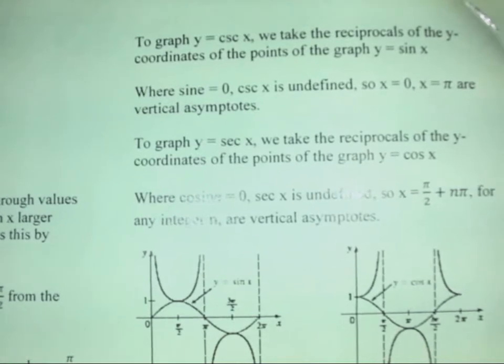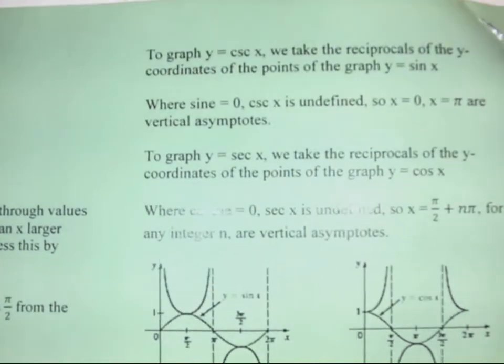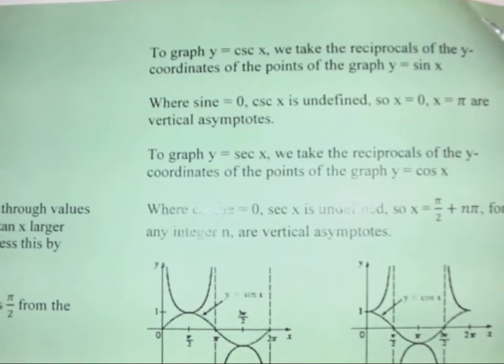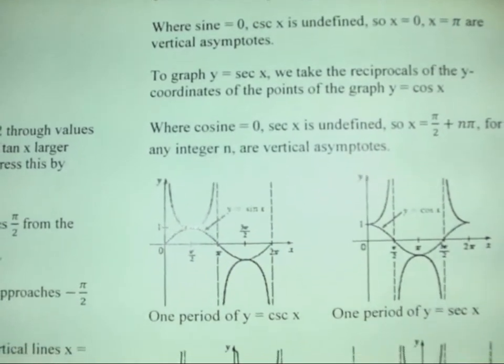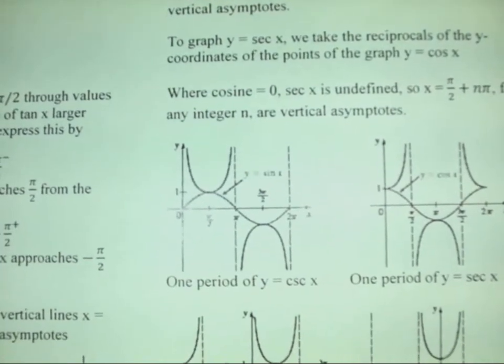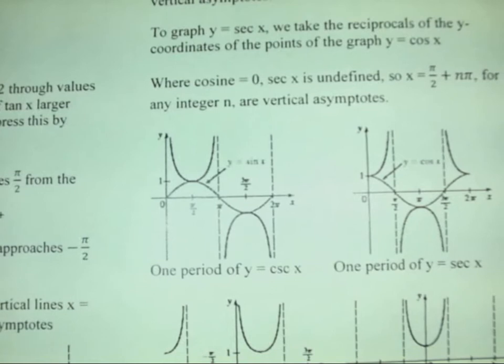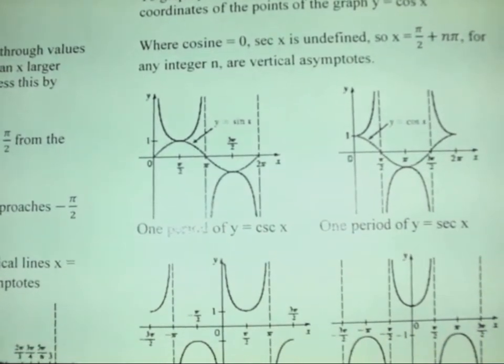And for secant, we're looking at the coordinates of the points where the graph is y equals cosine of x, and we're still flipping those. So where cosine is equal to 0, secant of x is undefined. So x equals pi over 2 plus n pi for any integer are going to become those vertical asymptotes.